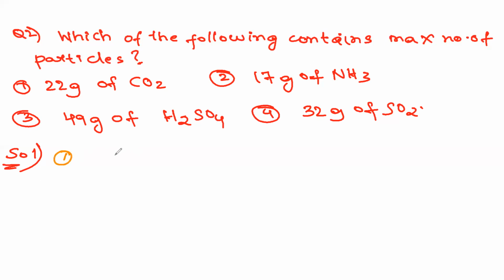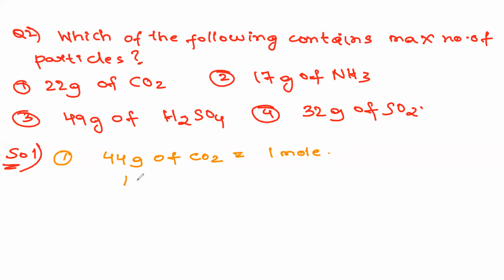For carbon dioxide, we know 44 grams of carbon dioxide is equal to 1 mole, and they have asked for the number of particles. In carbon dioxide we have 3 particles, that is 3 atoms: 1 carbon and 2 oxygen.